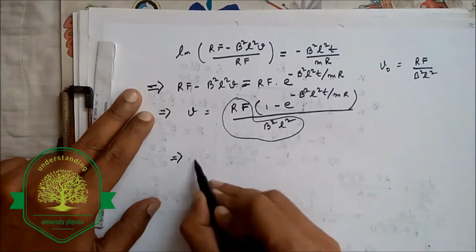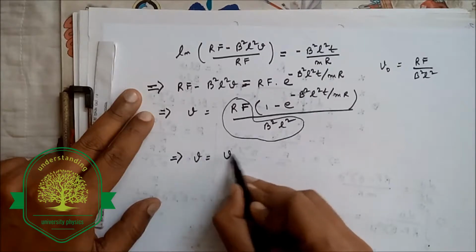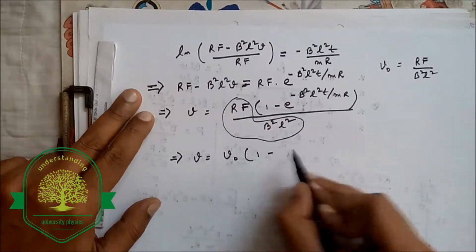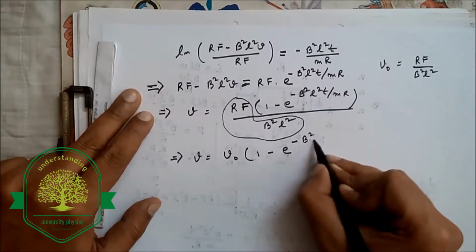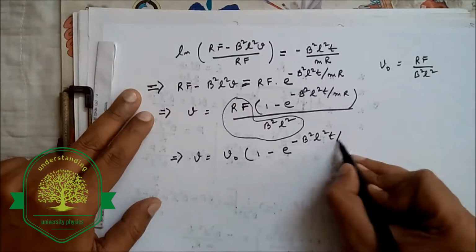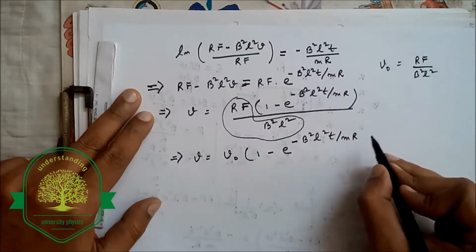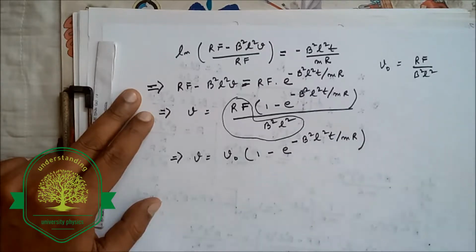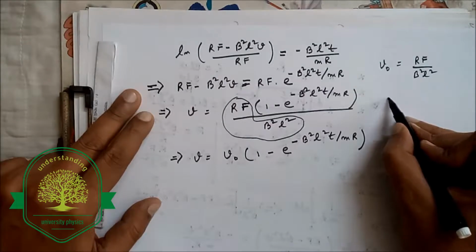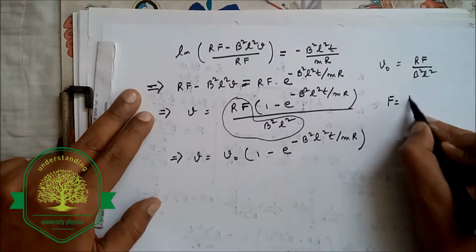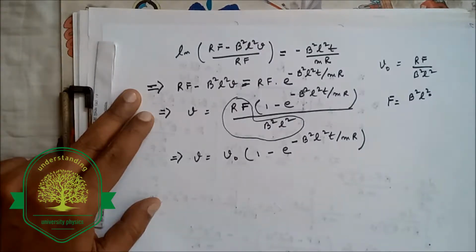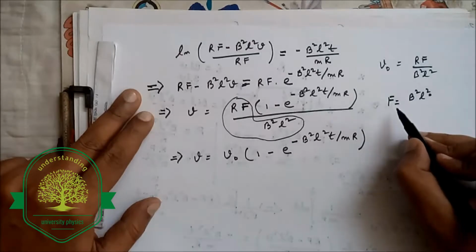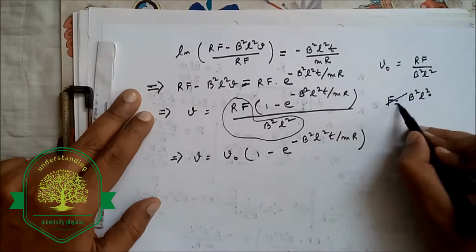So we get V equals V naught times 1 minus e to the power of minus B square L square T over mr. We also know the expression for F. The expression for F is B square L square V. I don't think we need this.